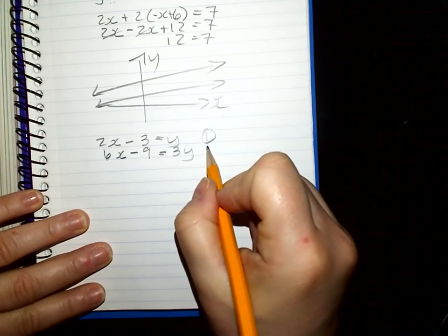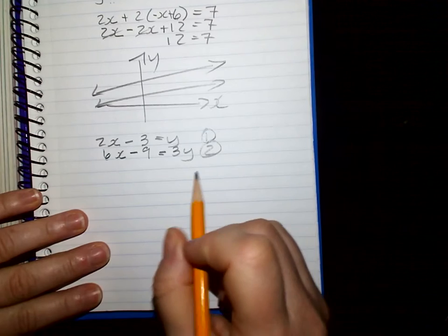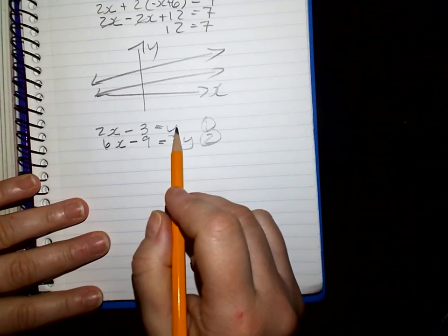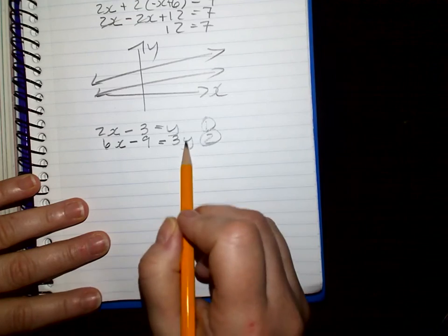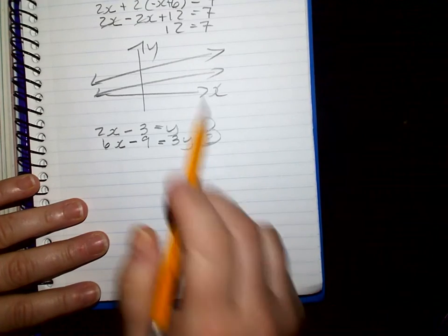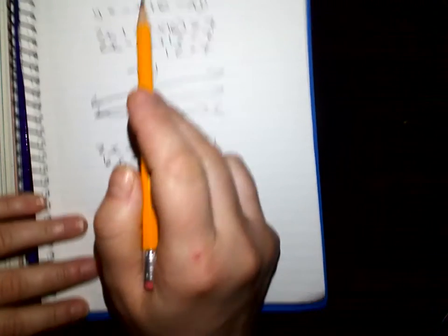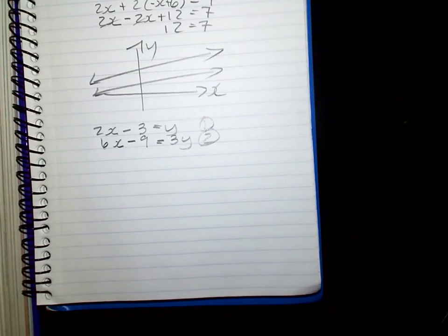So here we have equation 1 and 2, and I'm going to sub in y with this because it's already in y equals. Usually we have to rearrange for y equals or x equals, but in this case they gave it to us.